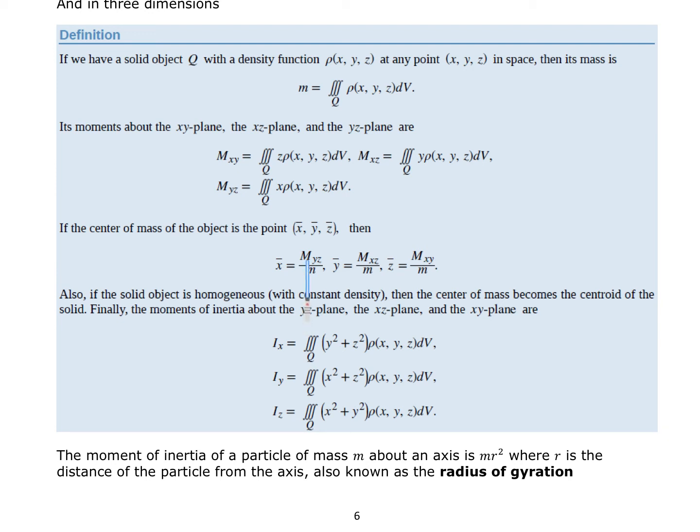So we have the moment in the yz plane for the x bar, the xz plane for the y bar, and the xy plane for the z bar. What changes is that the moment of inertia with respect to x will be y squared plus z squared, with respect to y it's x squared plus z squared, and with respect to z it's x squared plus y squared. Still rho xyz dV.